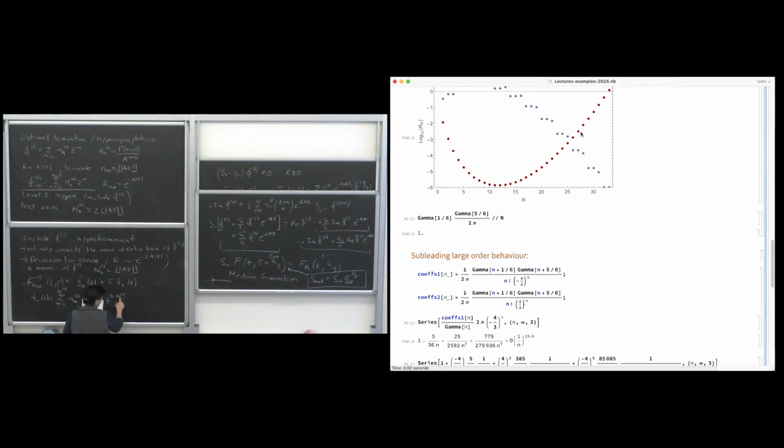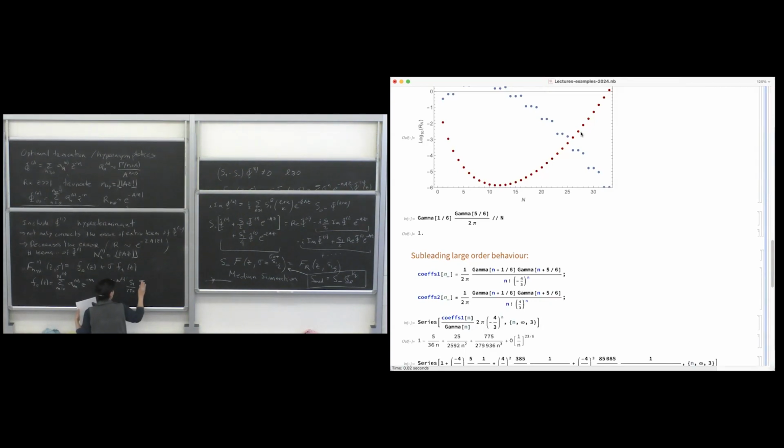So remember that the N0 depends on Z. So it's Z to something of Z times S1 divided by 2 pi I, our Stokes constant, sum. Sorry, this is going to be in 2 lines here, unfortunately, because it doesn't fit.